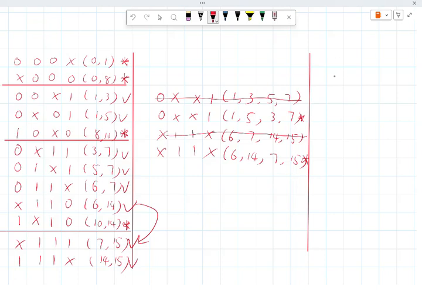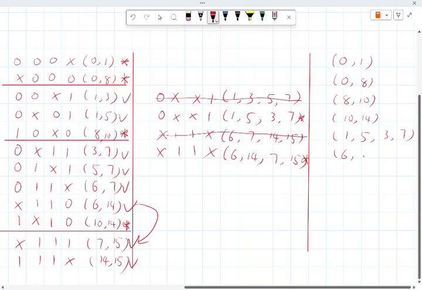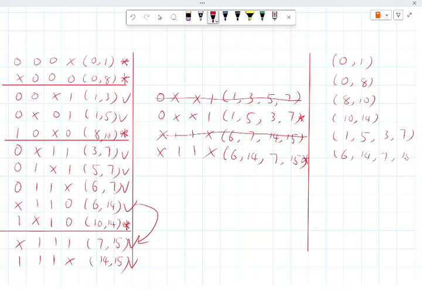I'm gonna copy down the address or the location, which is 0 and 1, that's the first one we got, then 0 and 8, 8 and 10, 10 and 14, and this long one, 1, 5, 3, 7, and we also got 6, 14, 7, and 15. Okay, with these 6 locations, we're gonna draw the cross.